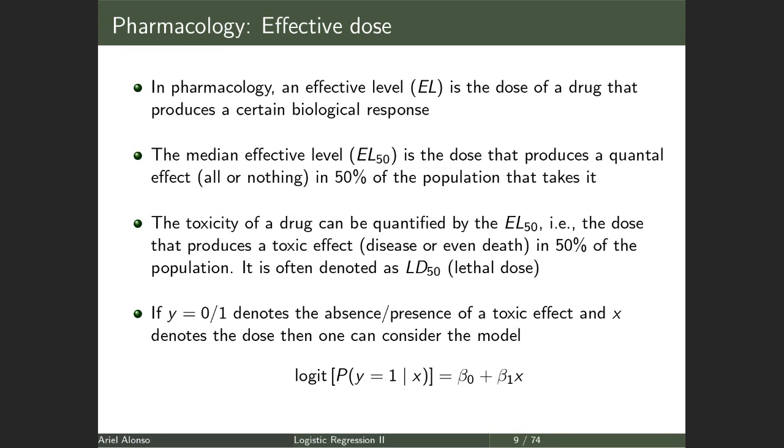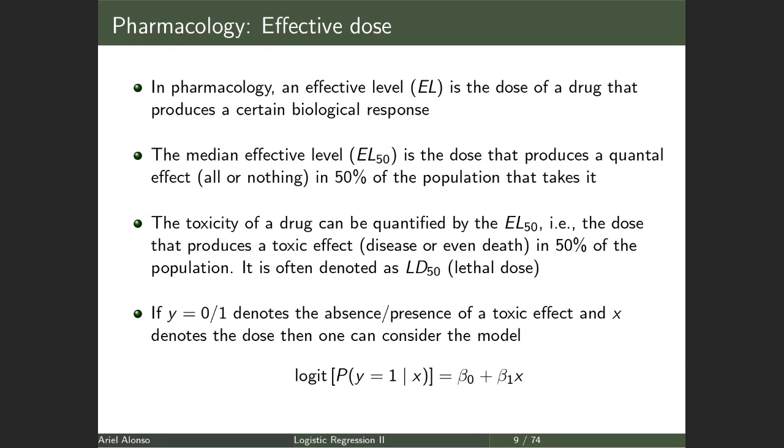It's about dose. And you typically want to find two things here: what we call the EL50, but also the LD50. The EL50 is the dose that produces a certain biological response. What is the minimum dose I have to use if I want this drug to do something? Obviously positive. I want this to have a positive effect.